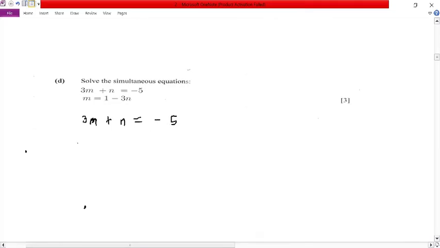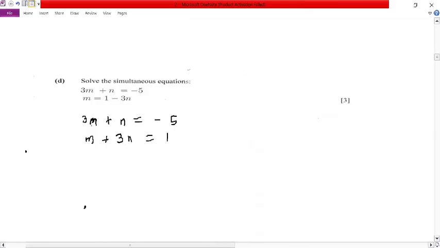Then on the second equation, let's arrange it, starting with m. Then we take minus 3n to the other side, so it becomes plus 3n. Then this is equals to 1.